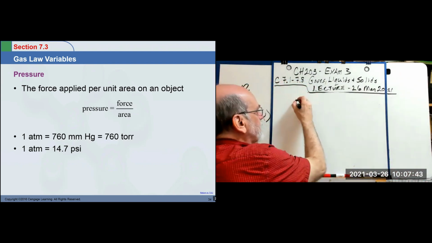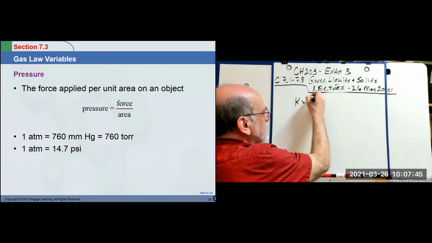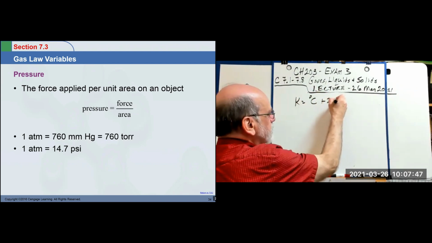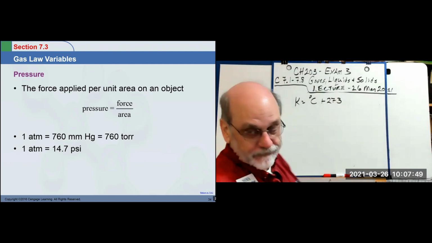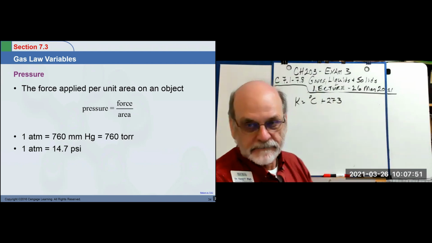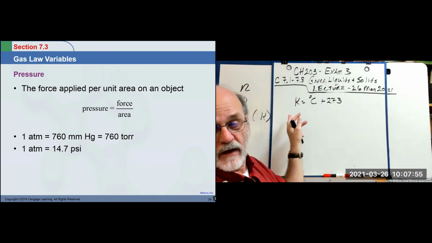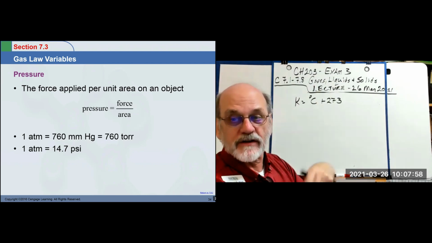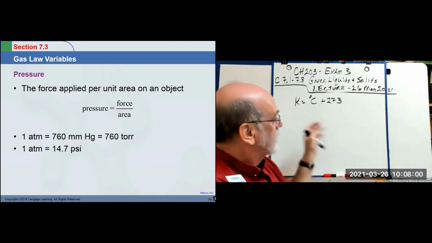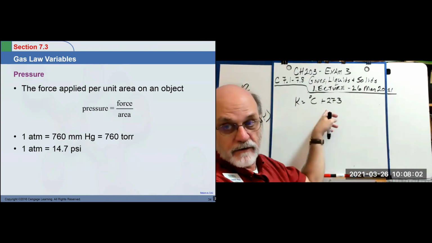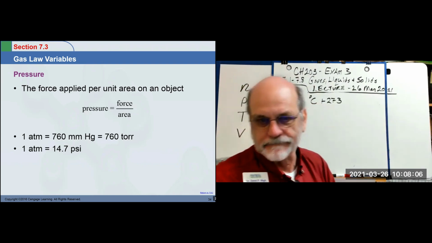And remember, Kelvin is equal to degrees C plus 273. And that's the formula. If you know this one, you can get Kelvin from that. If you know Kelvin and the question asks you what is the final temperature in degrees Celsius, then once you get Kelvin, you got to convert it back. So you say Kelvin minus 273, you get Celsius.